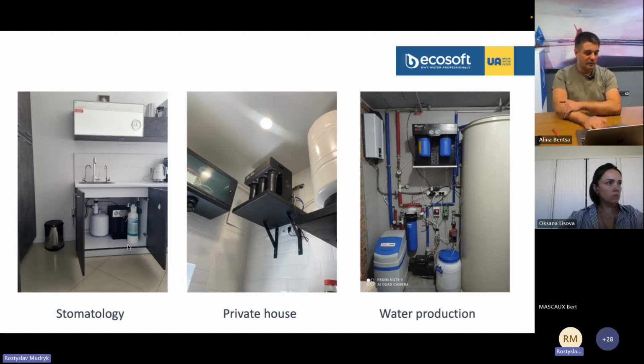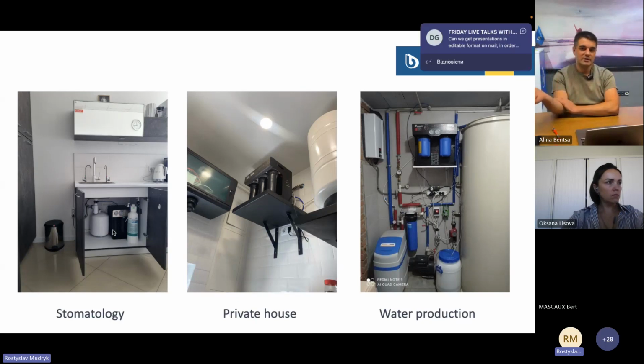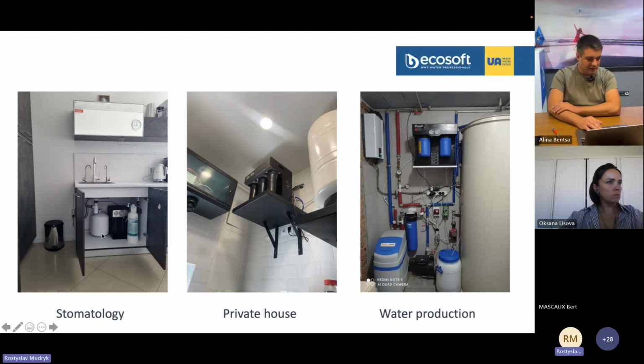When we put this solution in the dental practice, we cover all the needs of stomatology: the chairs where the patient sits, and when people rinse their mouth. We also supply it to the staff of the dental practice as regular drinking water. As you see here, we have also connected the tank.